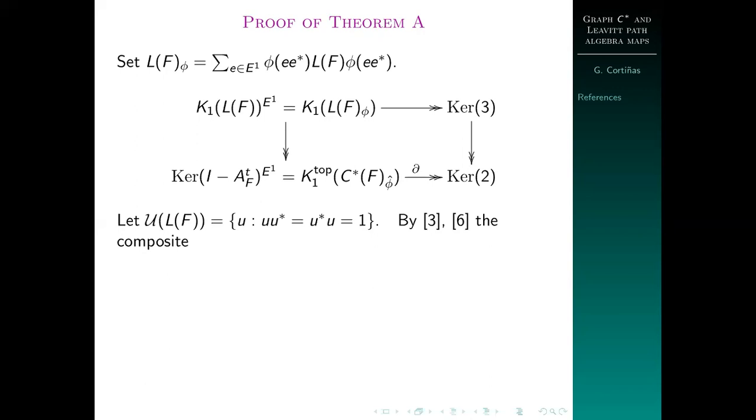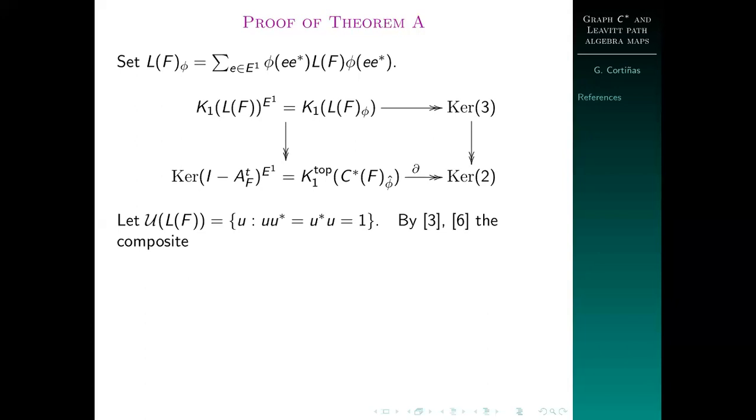Rørdam, in his paper, constructed an explicit inverse of the isomorphism between K1 top of C star F and this kernel of 1 minus AFT. And in our paper with Diego Montero, we observed that the same formulas also give a set theoretic section of the map from K1 LF to this kernel of 1 minus ATF.